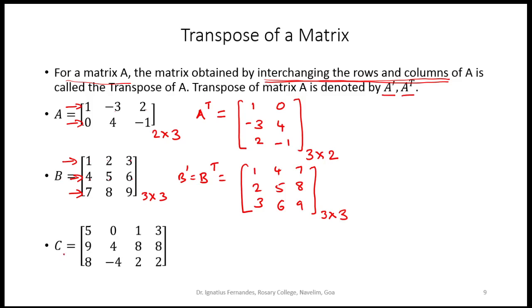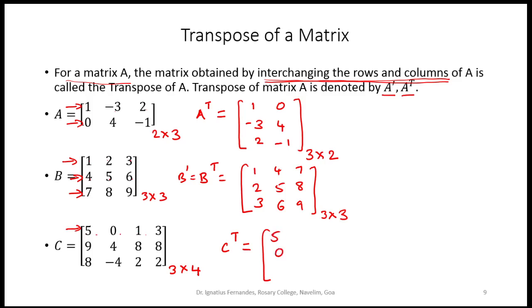The same way, if I consider matrix C, this is a matrix of order 3 by 4. If I have to write down the transpose of this, what will be the order of the transpose? It will be 4 by 3. The first row becomes the first column, so it will be 5 0 1 3 here.